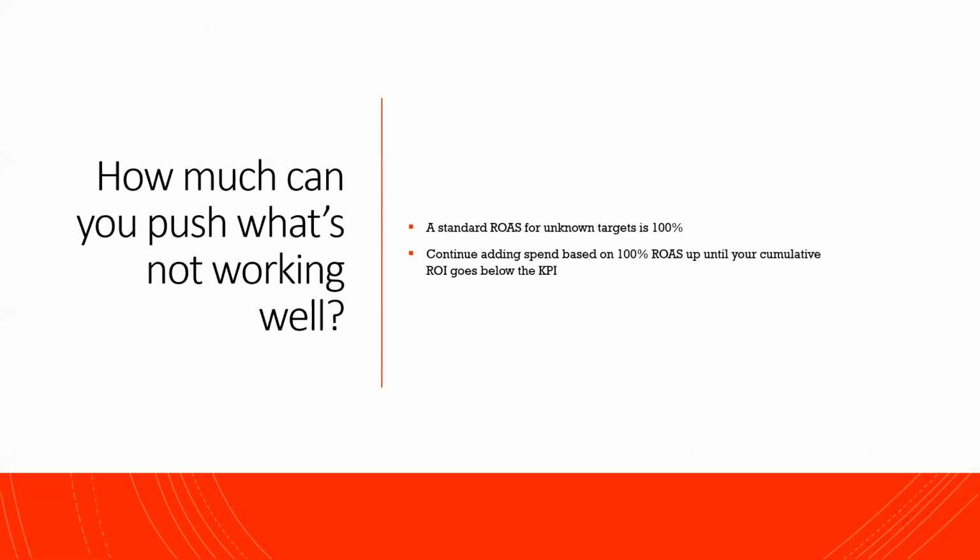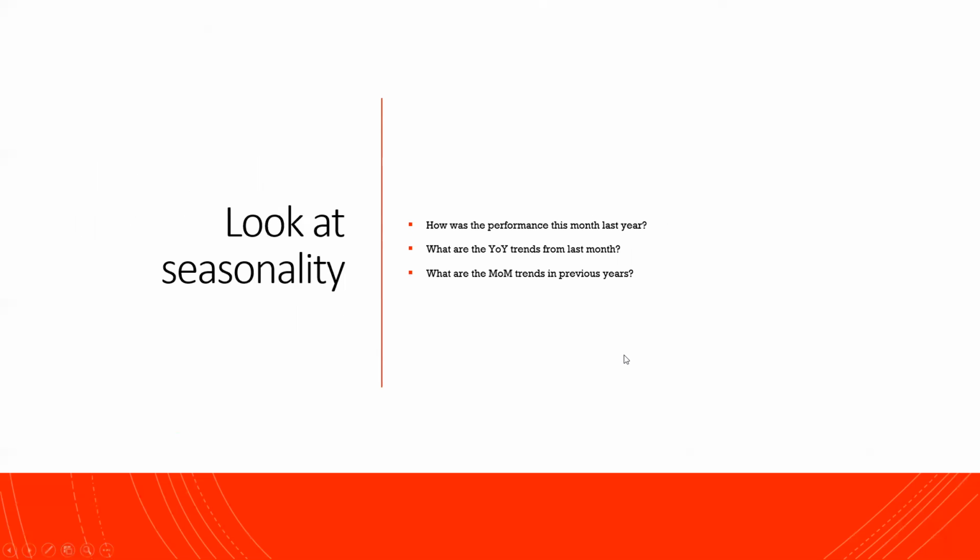Hopefully that makes sense. Basically you want to push generic, or push DSA, until you're bringing everything below your KPI. And you want to be really conservative in your cost per conversion and your ROAS and not overestimate what it's going to actually do for you.